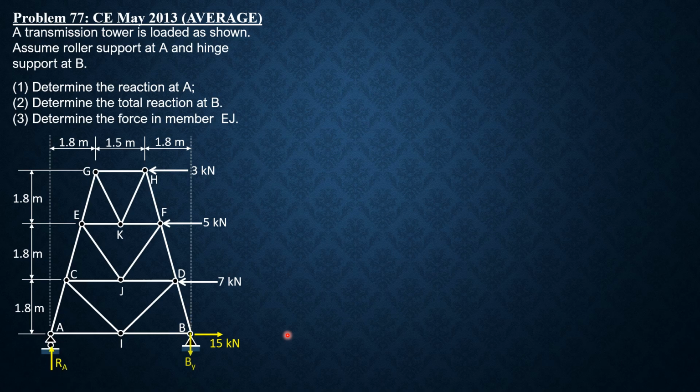So the vertical reaction at B is downward, and it is expected to have the same value as RA. So to solve for RA, we sum up moment about B considering the whole system, equals 0, clockwise positive. So RA times, this is 1.8 plus 1.5, 3.3 plus 1.8, 5.1.